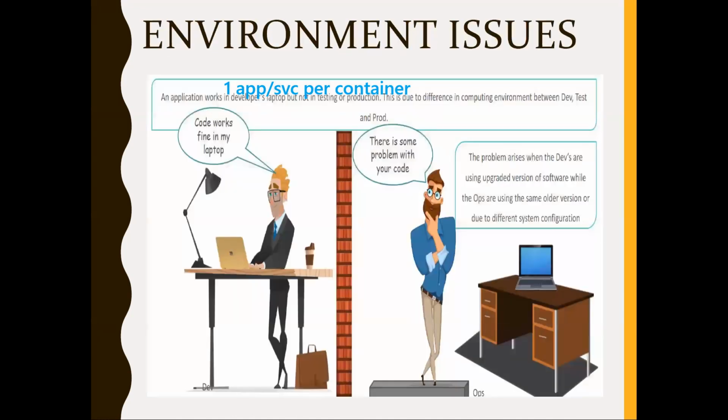So yeah, this is the environmental issue I was talking about some time back. See, code is working on the developer's machine, but not in other environments. An application works on a developer's laptop but not in test or prod due to differences in computing environments. Right? This problem arises when developers are upgrading their software version while ops may be using the same version.